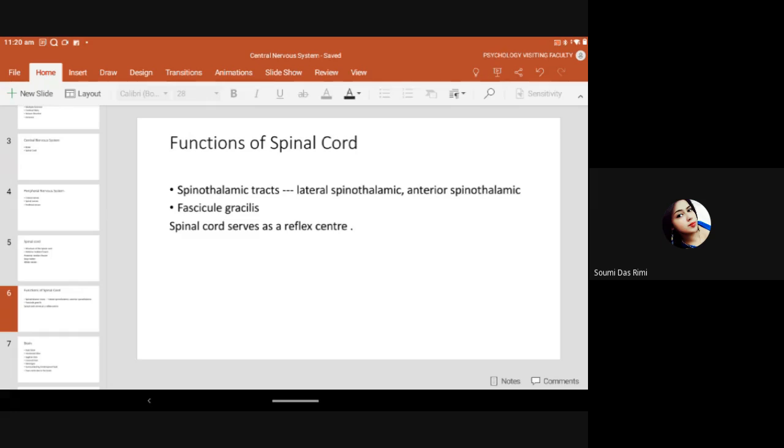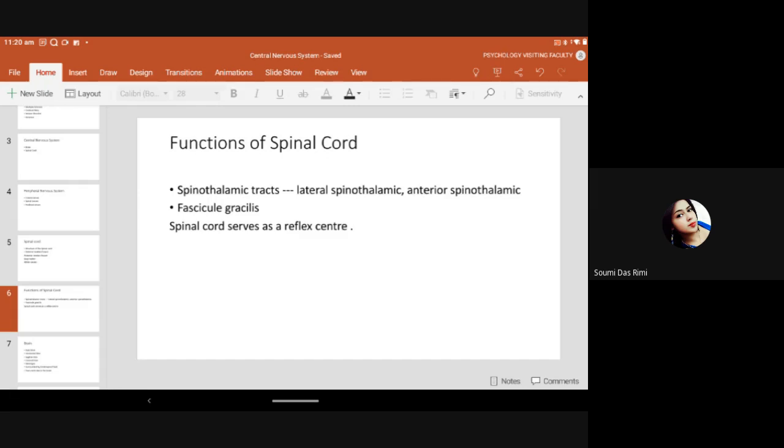Okay. Now, the major descending tracts of the spinal cord are two, mainly the lateral and the anterior corticospinal tract, which is involved in only the voluntary movement, that is, the movement which we can control. That means the muscle contraction of hands or feet, the movement of our limbs.